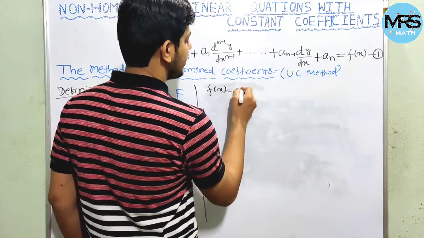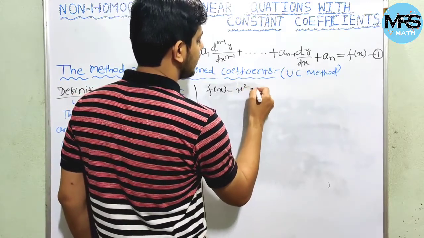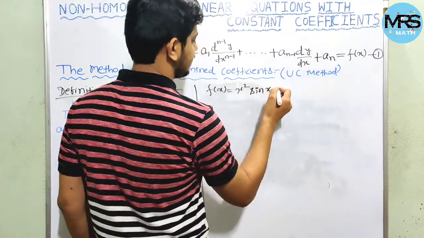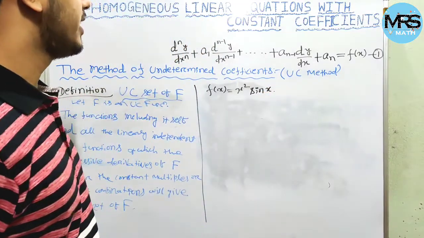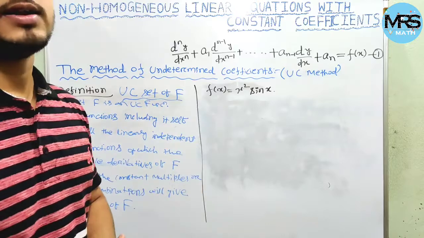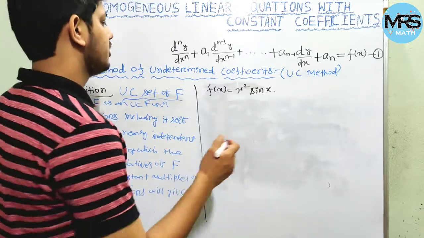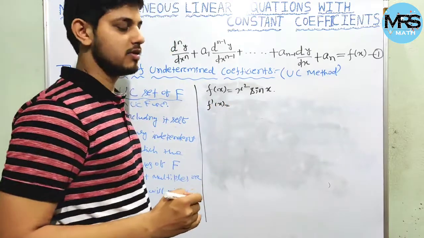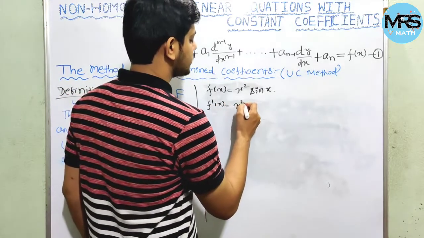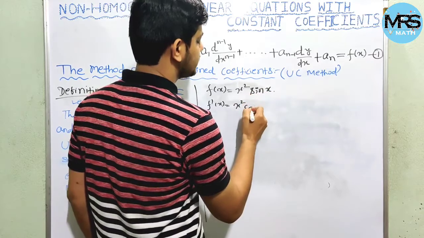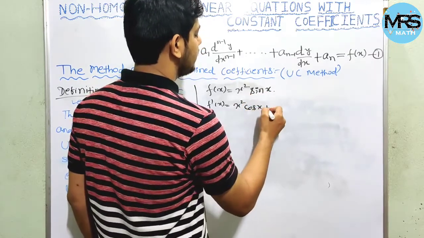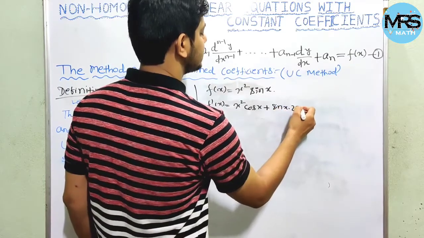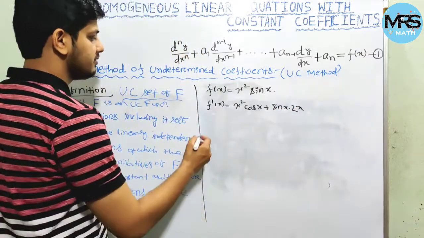If we take x square sin x, we will try to find the derivatives. That will be x square cos x, then sin x into 2x. This is the first derivative.